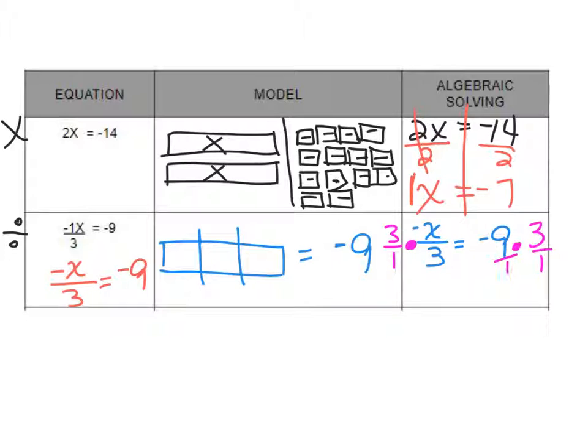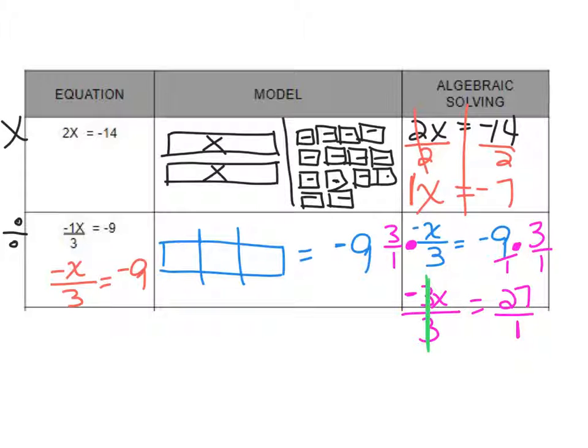And then I can go ahead and do the math. So 3 times negative x is negative 3x, and 1 times 3 is 3. You guys see where I got that? Okay. And then on the other side, negative 9 times 3 is negative 27, and 1 times 1 is 1. Now that we have that, I can go ahead and cancel this out.